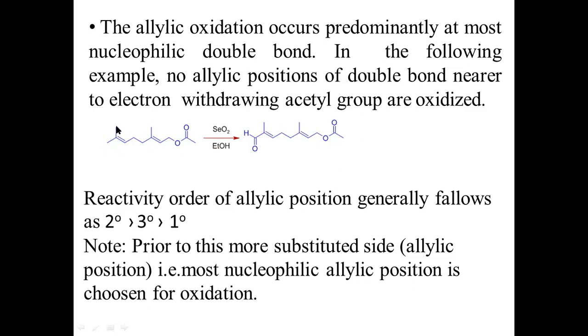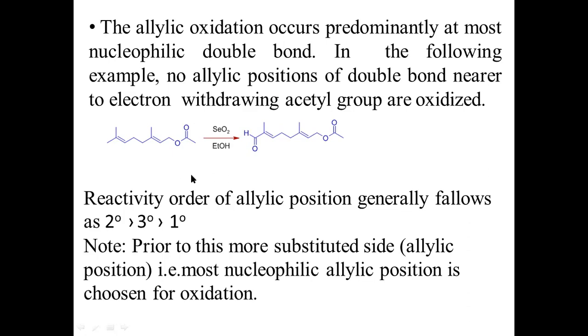The more nucleophilic ends, these two, are the preferable positions to oxidize. Among these two positions, we already know that it is E selective, so oxidation takes place here, and we get the major oxidized product. This is the reason why E selective oxidized products are formed, and why the selective reaction takes place at more substituted ends.